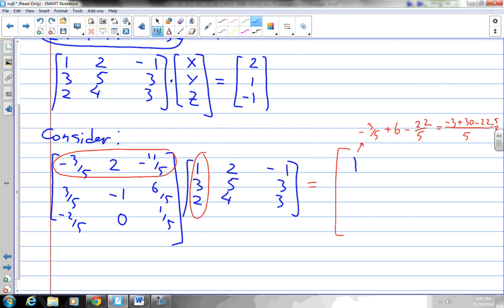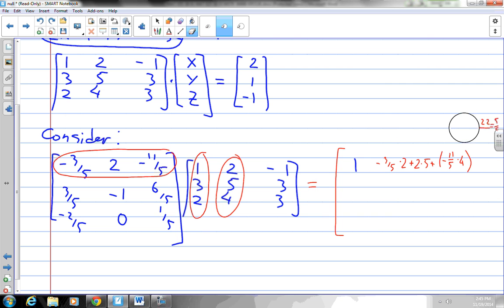Now let's do this again. First row times the second column. So that would be negative 3/5 times 2 plus 2 times 5 plus negative 11/5 times 4. Right? You with me? Okay. I'm going to be erasing as I'm writing this stuff because it's too much.